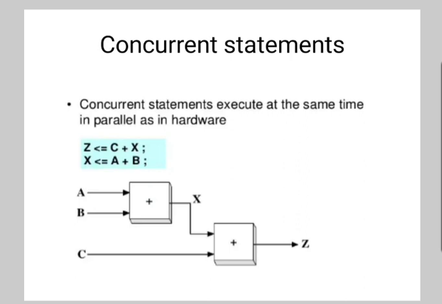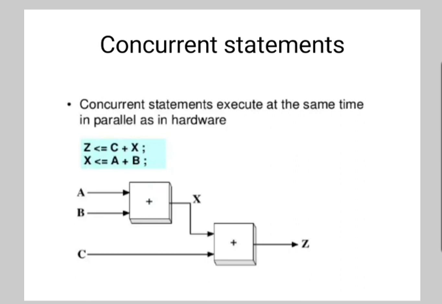The concurrent statements are present in the architecture body. In VHDL, a set of interconnected concurrent statements such as processes and blocks describe an overall design in terms of behavior or structure, unlike sequential statements, which get executed one after the other.